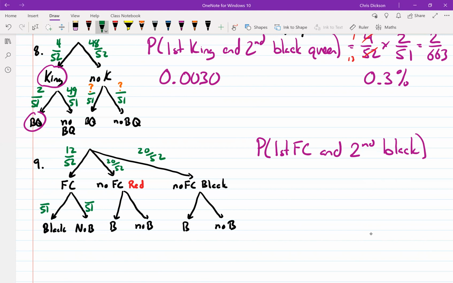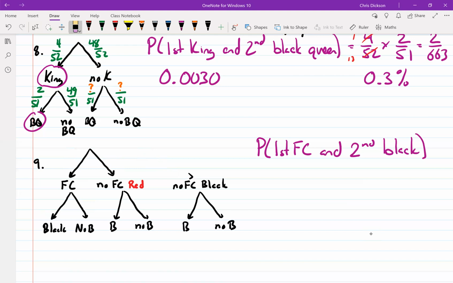So face cards, yeah, sorry, I'm going to switch this around here. Actually, I misread the question when I wrote it down here. So I'm going to just erase a few things and then start again. Let me just cover some of these numbers up here. So I want a face card for the first card. And what does it say? Face card's first card. And the second card is a black card.